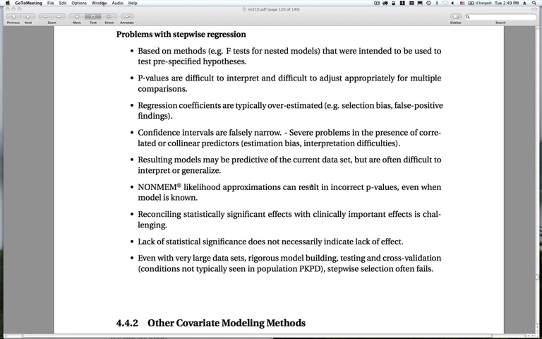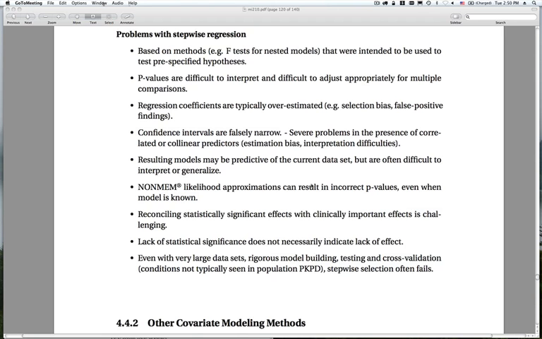The other problem is that the confidence intervals are falsely narrow. That's because the stepwise reduced models don't reflect the entire uncertainty over the estimation problem that was actually conducted. They're limited to just that one final model.